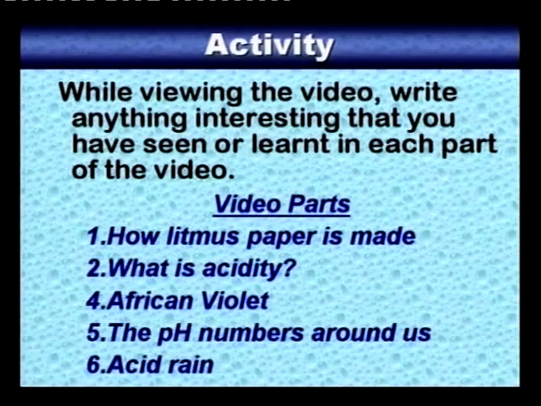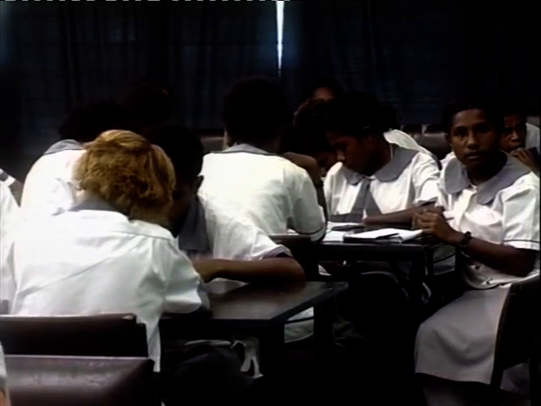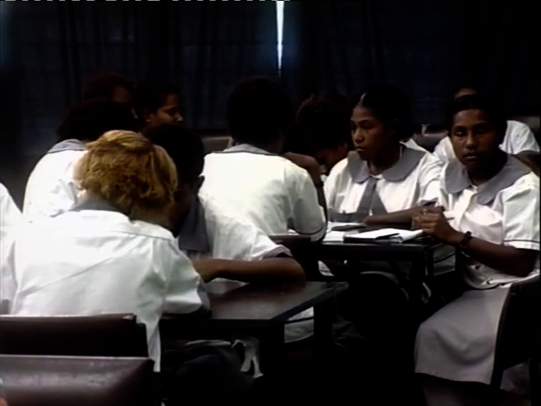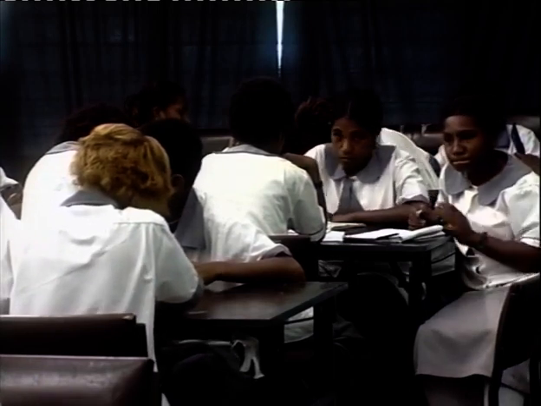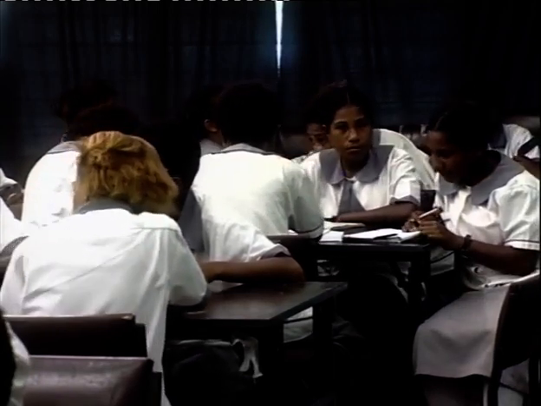Now you can give me your answer in any order. What have you discovered, or what interesting thing have you seen? Let's go from one group to another, or any volunteers in class. Receiving students, please tell your teacher.